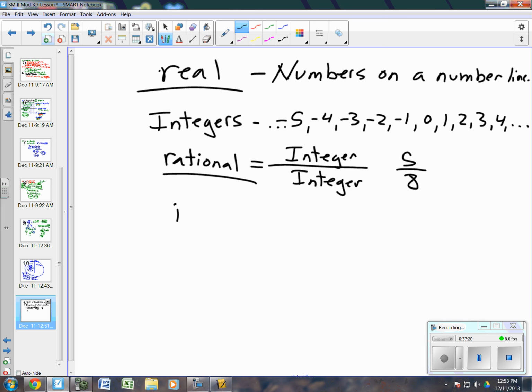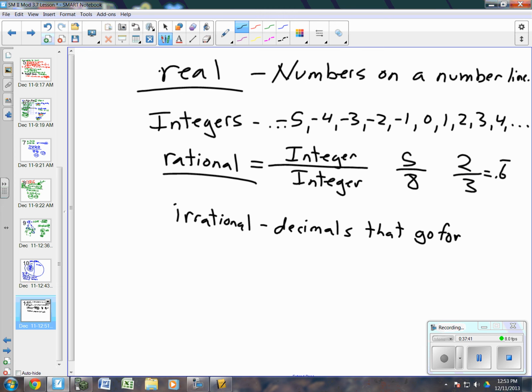And by the way, think of 2/3, you guys. 2/3 is 0.6 repeating, right? Irrational numbers have decimals that go forever without repeating a pattern.